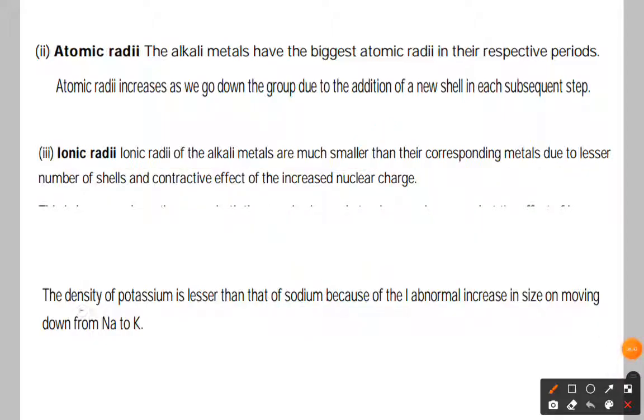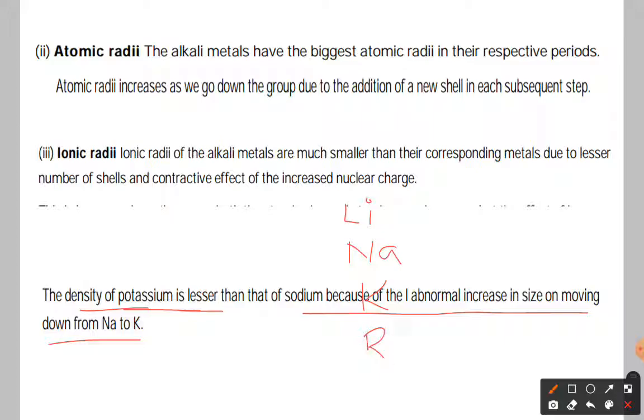Now if you see density, the density of potassium is lesser than that of sodium because of the abnormal increase in size on moving down from sodium to potassium. Here we have the elements lithium, sodium, potassium, rubidium, cesium, and we are talking about these two cases.